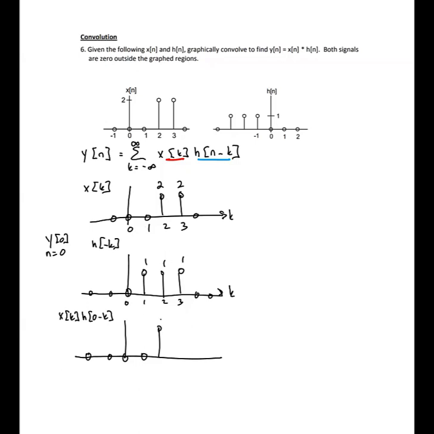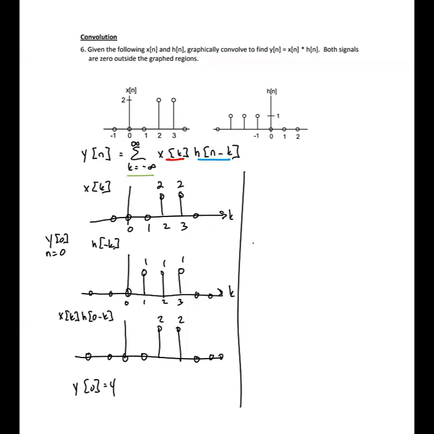We have a couple of spikes at 2, and then all the rest will be zeros. When we sum this up, we get 2 plus 2 is 4. Therefore, y of 0 is equal to 4. So that's our flip. And now we're going to shift.